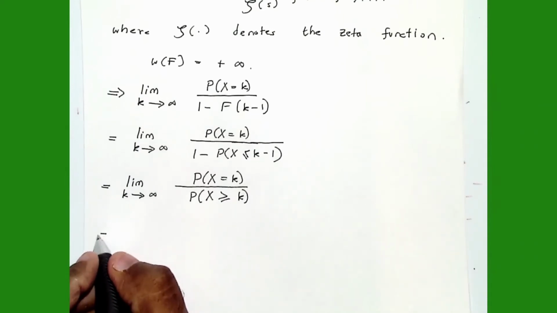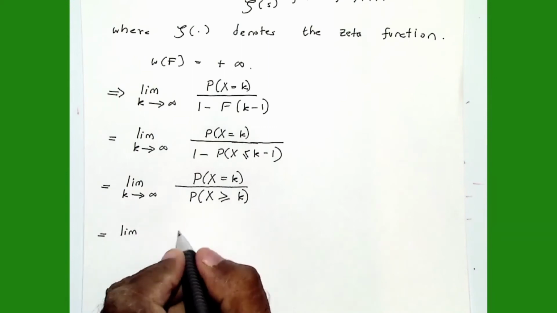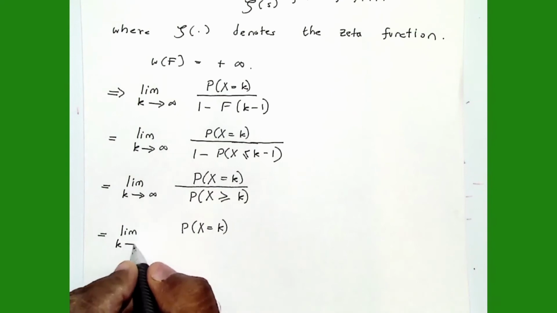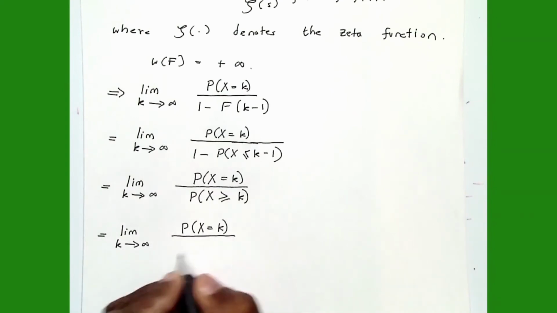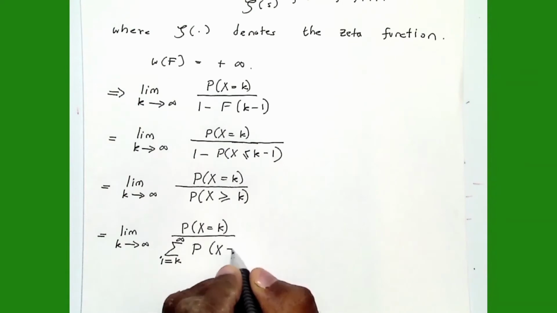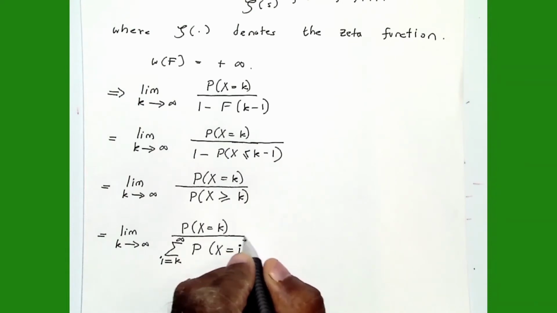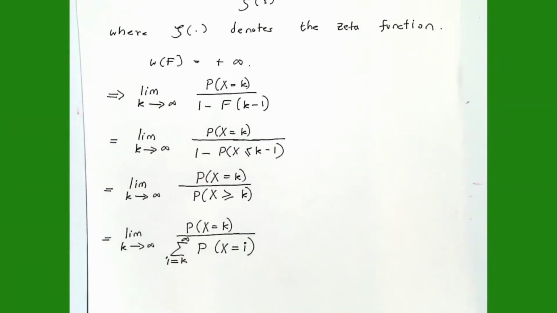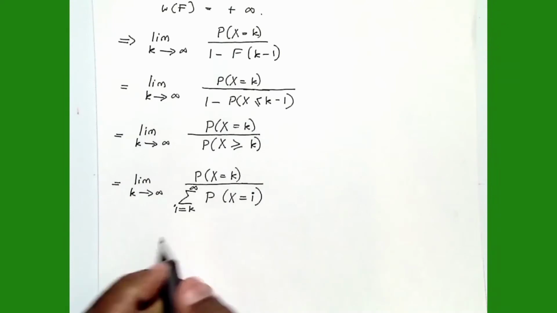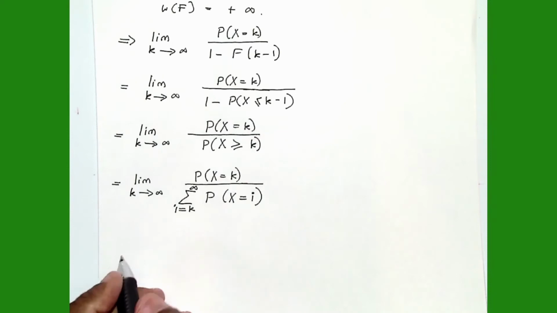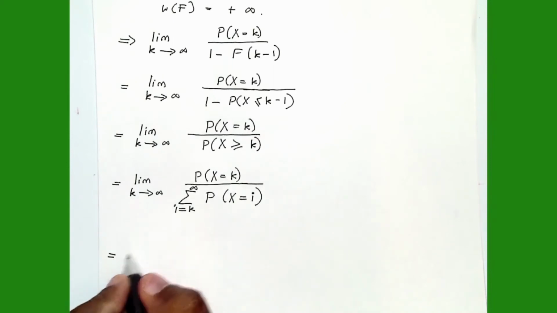So this equals the limit... Now what I'm going to do at this stage is replace these two probabilities by the probability mass function given to us in the question.